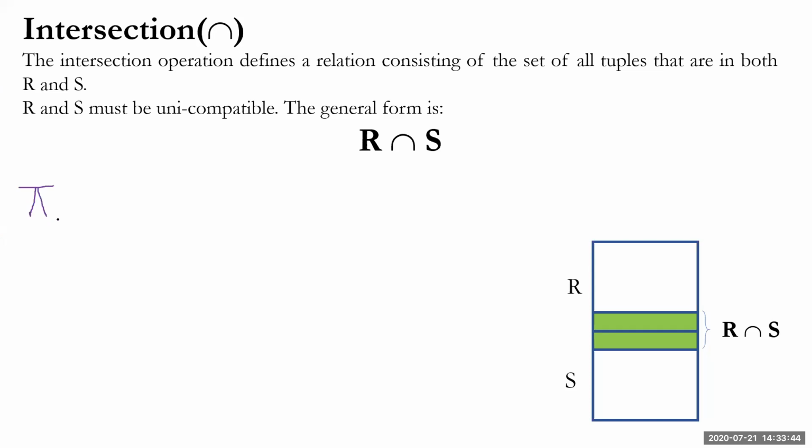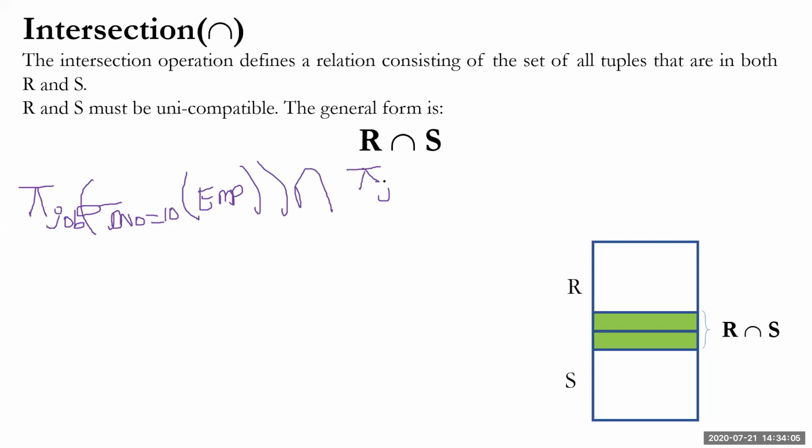So okay, pi of job of sigma department number equal to 10 of EMP, intersect, pi of job of sigma department number equal to 20 of EMP.